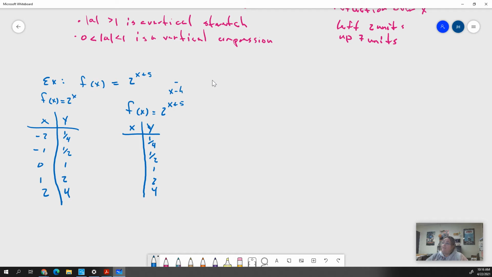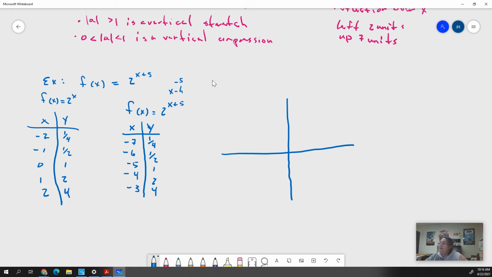Well, to get this +5, it means we had to put in a -5. So we are going to subtract 5 from every one of these. -2 minus 5 is -7. -1 minus 5 is -6. 0 minus 5 is -5. Then -4, -3.